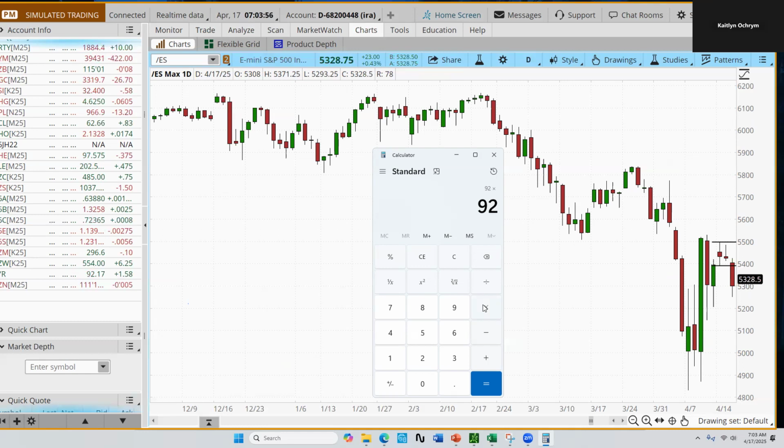Awesome. Thanks, Scott, Jerry, Dwayne. Yeah, $50 per point. So that's a 92-point move. Nice job, Jimmy, at $50 per point. That's a $4,600 move.